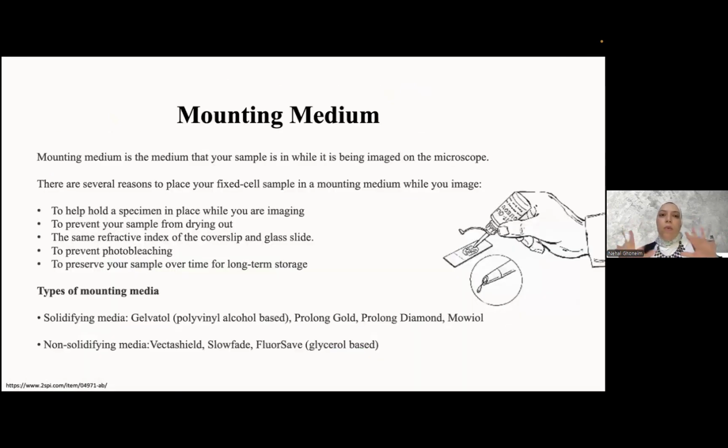Okay, now we stained our cells with the antibody labeled with a fluorophore. What will we do next? The sample can be dried by the air in the environment.